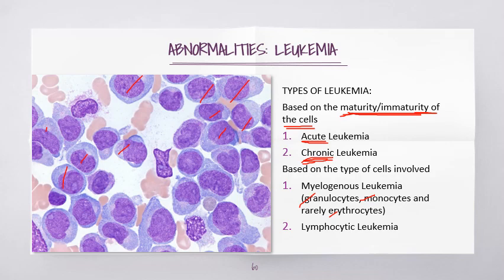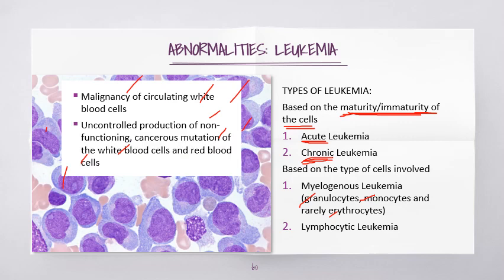So you combine them together. Familiar na siya? Acute myelogenous leukemia, acute lymphocytic leukemia, chronic myelogenous leukemia, or chronic lymphocytic leukemia: AML, ALL, CML, CLL. Okay, so that's how we break down leukemia.